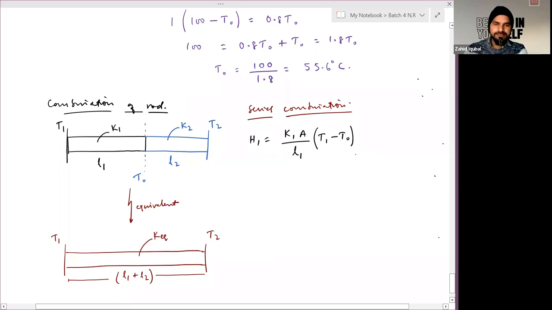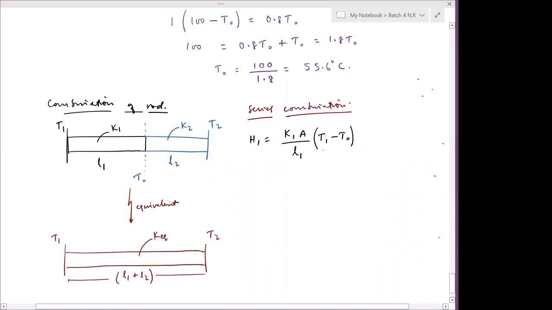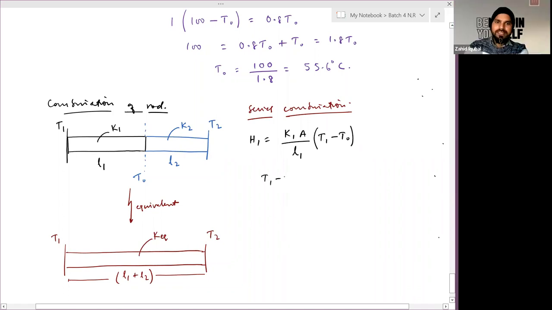Raza, is it clear? Yes, sir. So if you calculate temperature difference from this part, T1 minus T0 will be equals to H1 L1 divided by K1 into A as first part.